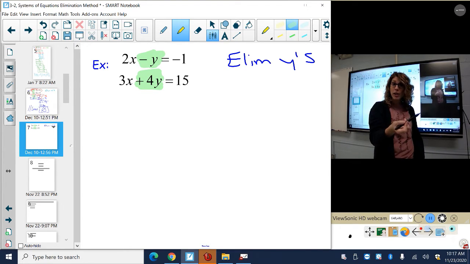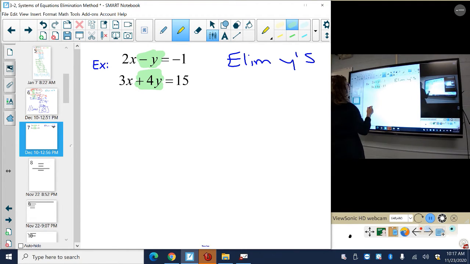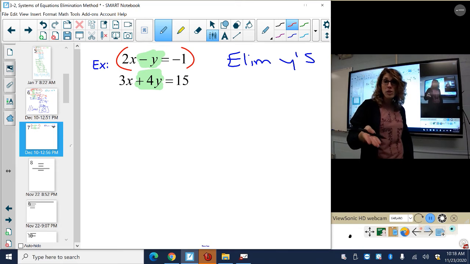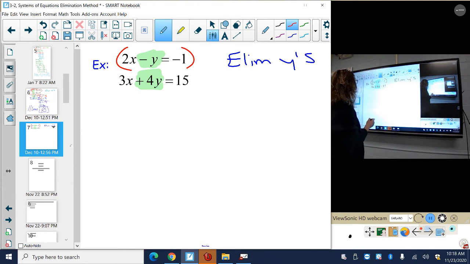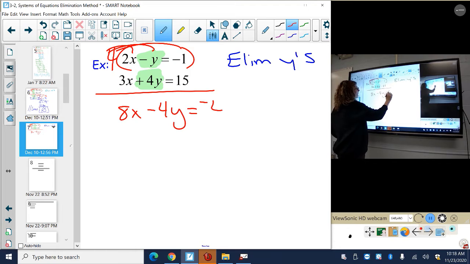I have a -1 and a +4. That's super helpful. So since they're already opposite, what am I going to multiply this top equation by to obtain the opposite of 4? The opposite of 4 is -4, so all I have to do is multiply this by a +4. That's going to give me an 8x minus 4y is equal to negative 4.